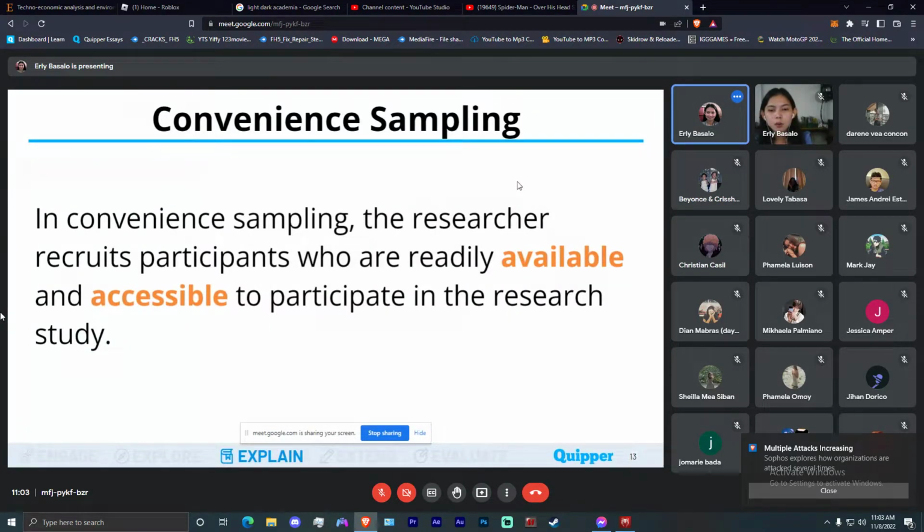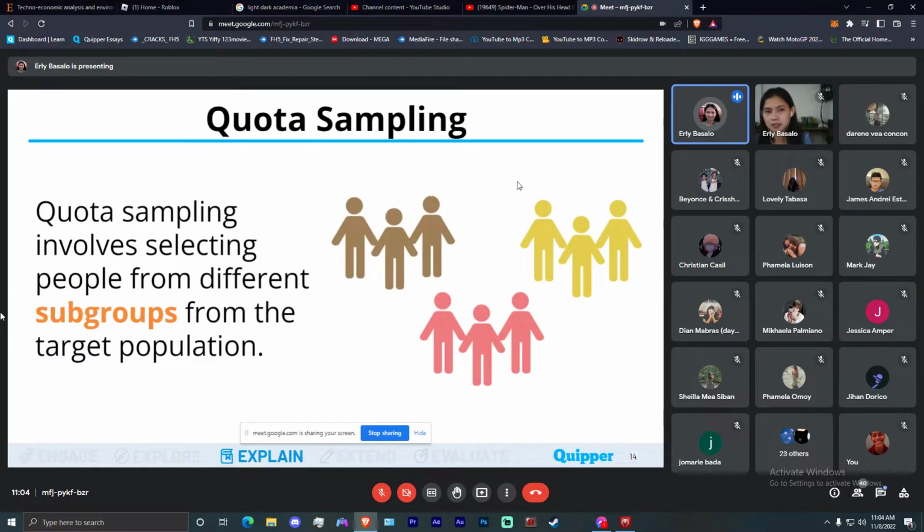So we have types of non-probability sampling. First, convenience sampling. It is a sampling where the researcher recruits participants who are readily available and accessible to participate in the research study. So the researcher chooses participants conveniently, whoever is available and accessible.